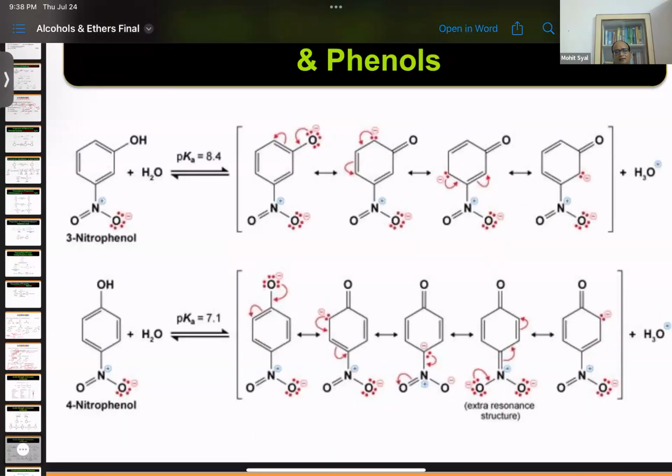This question we did today. Where is it more acidic, the meta-nitrophenol or the para-nitrophenol? And why? Justine, can you see this? So what's the reason?